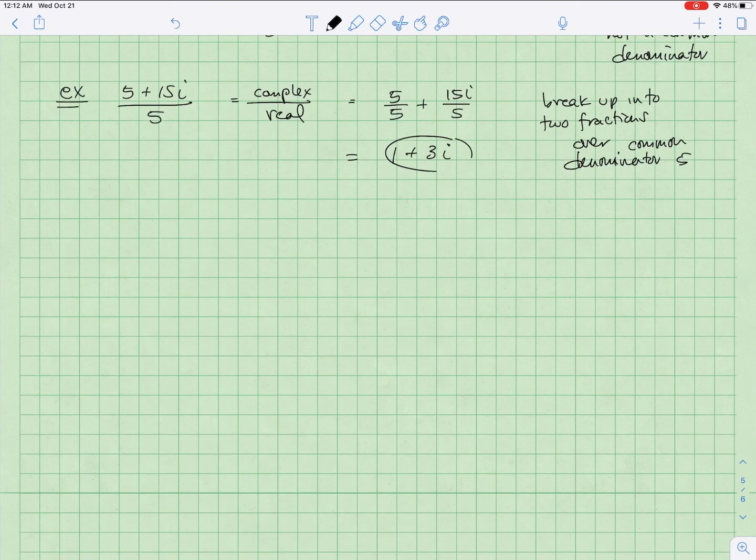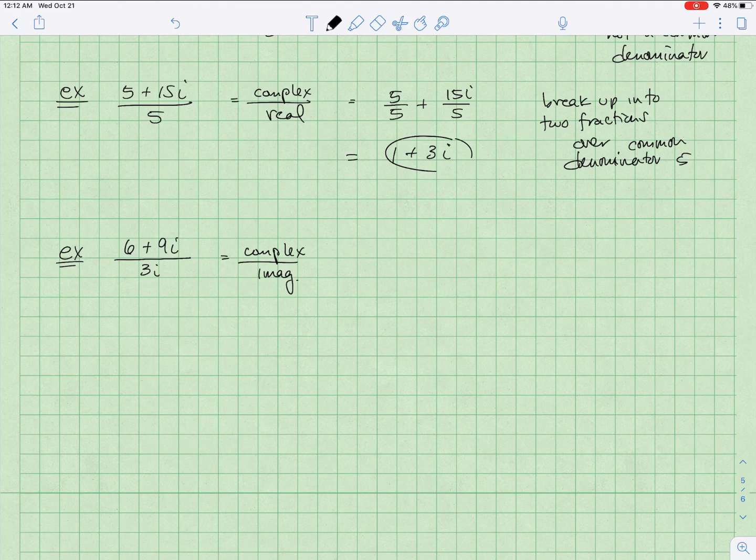The next thing that we need to talk about is division by an imaginary number. So if I have something like 6 plus 9i divided by 3i, this is complex divided by imaginary.